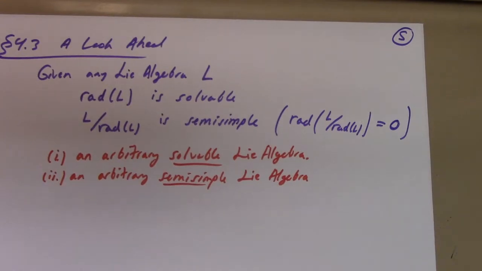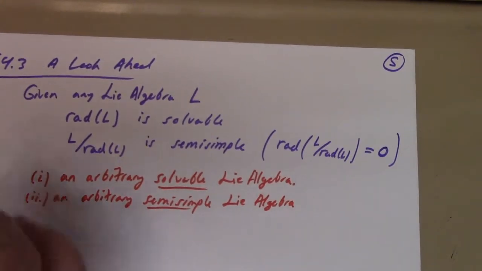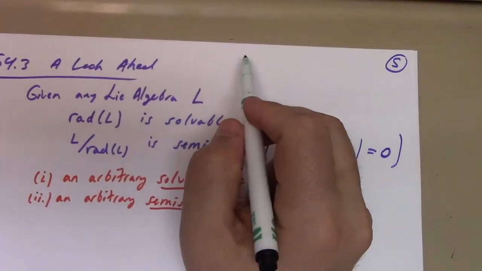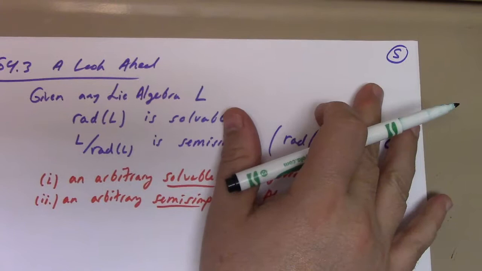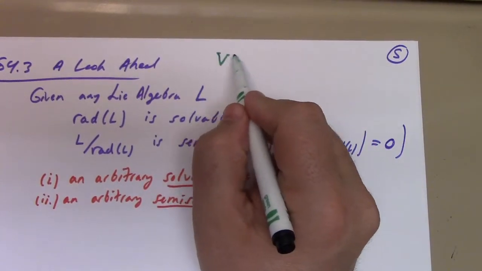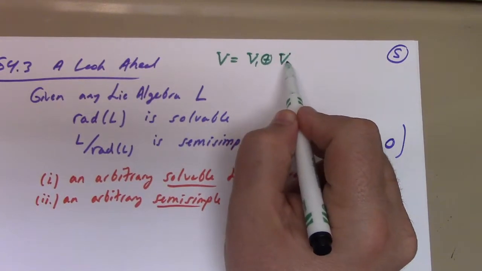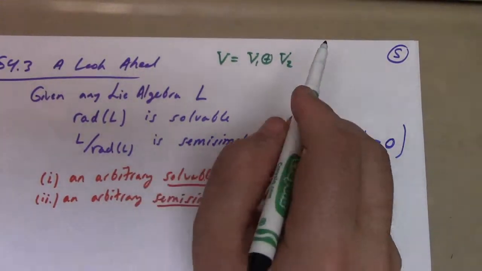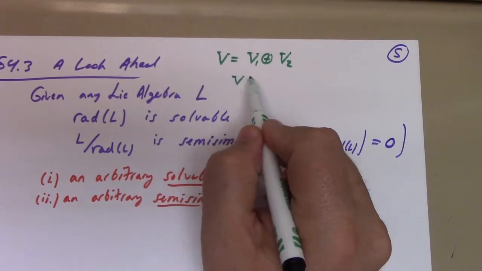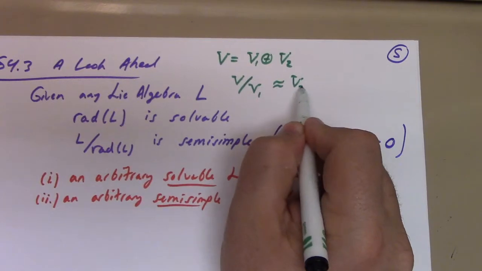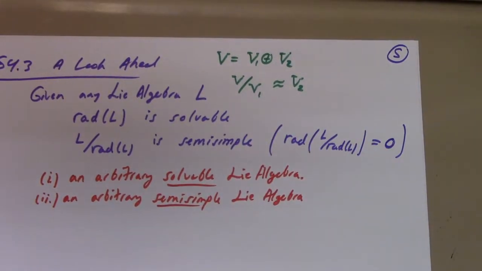And so we have that underlying basic quotient vector space idea: if V is equal to, say, V1 direct sum V2, then V quotient V1 is isomorphic to V2 and vice versa.